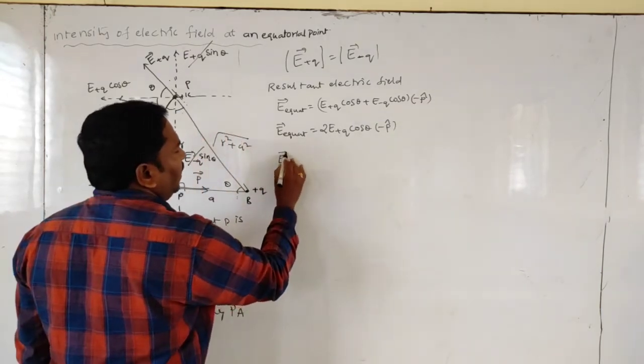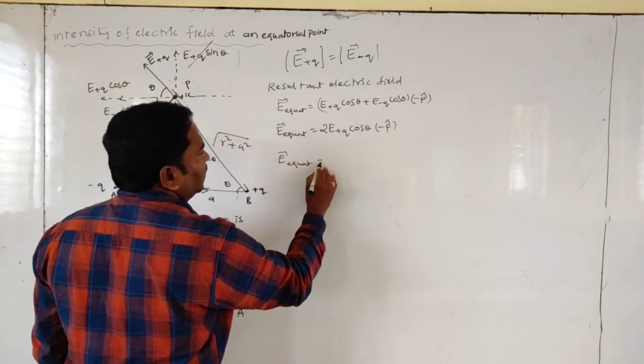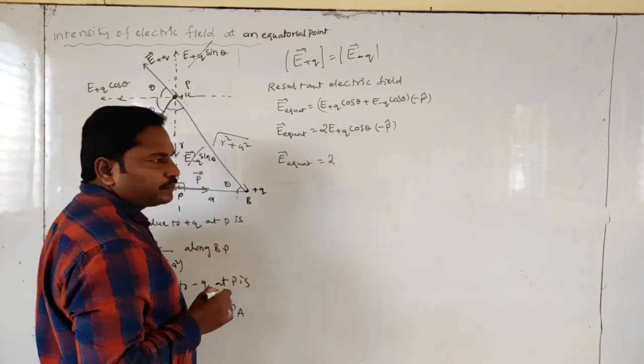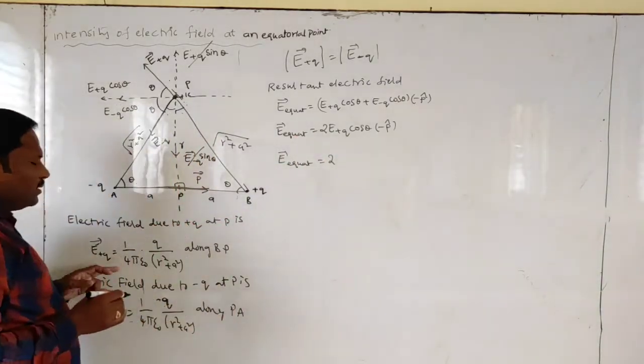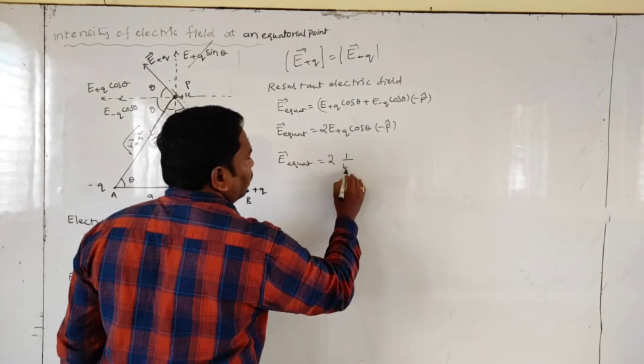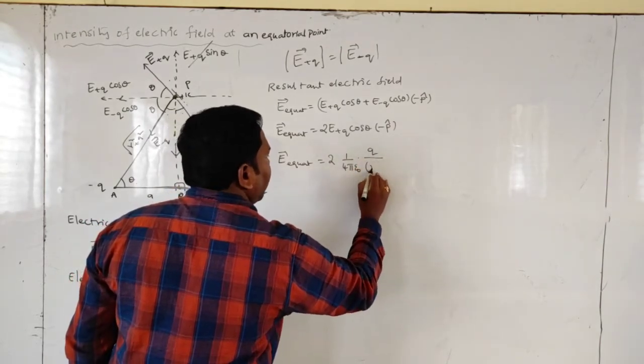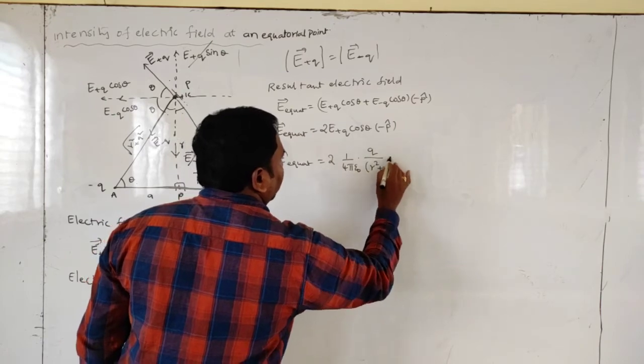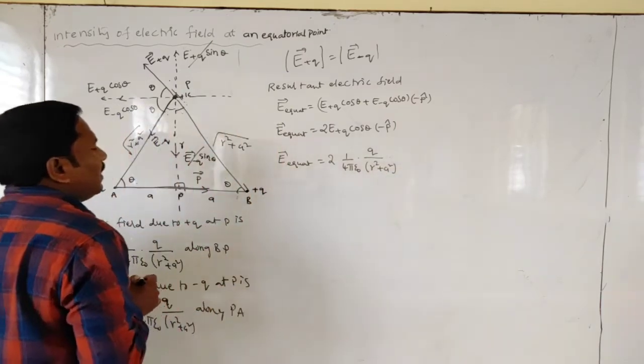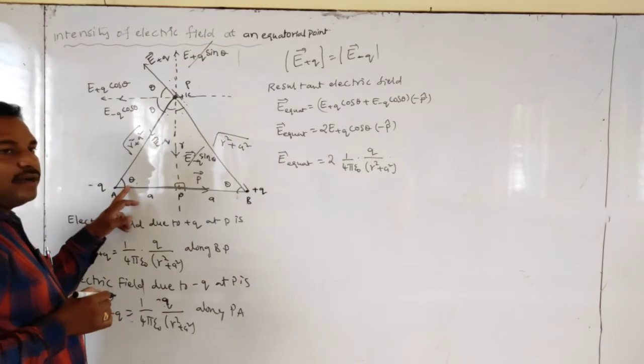Now E equatorial is equal to 2 into E plus, which means 1 by 4 pi epsilon naught, Q by R square plus A square, and it's cos theta. Cos theta means this is the theta.